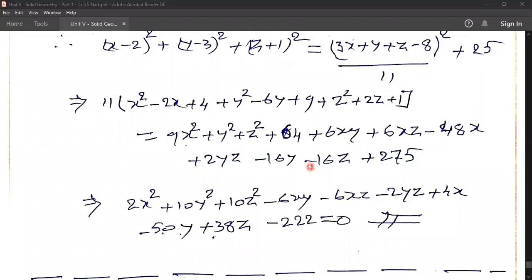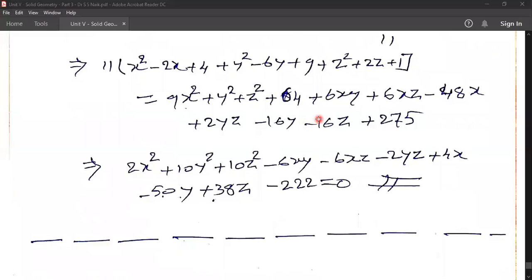Then 2 times this value is 16z, and this is 8 square, and then this 11 goes on this side, so 25 into this value becomes 275.